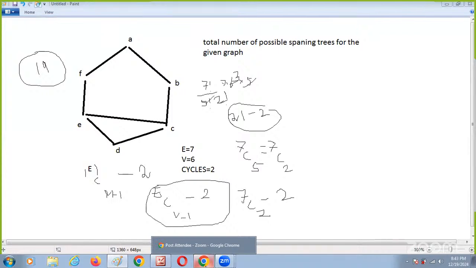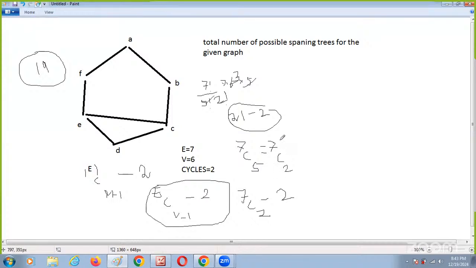So this is what spanning trees are. These are the different possible spanning trees. Now I hope this is understood. I don't want to spend more time on this. Now I am going to the next. Out of these 19 spanning trees, I want to know which one is the best spanning tree. So I need to know what is the minimum cost spanning tree.